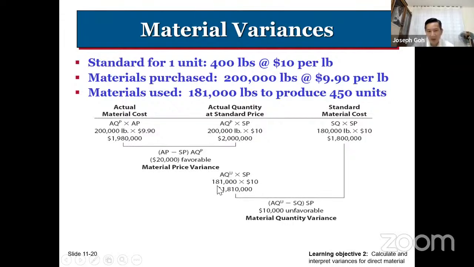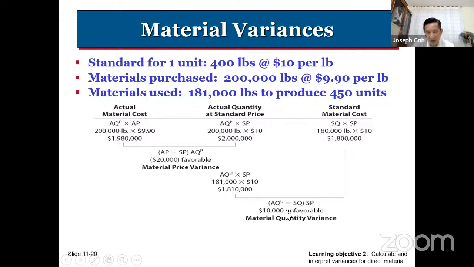Maybe it's a chemical production company. So you use 1.81 million in total, but the standard allowed is 1.8 million. Obviously you minus 1.8 million from 1.81 million, and you will get 10,000 extra, spending more compared to what is allowed.